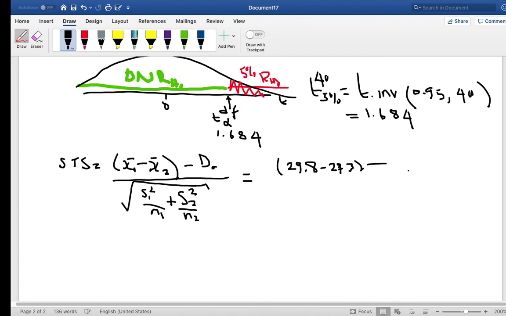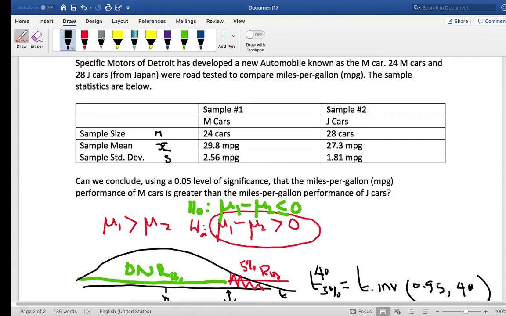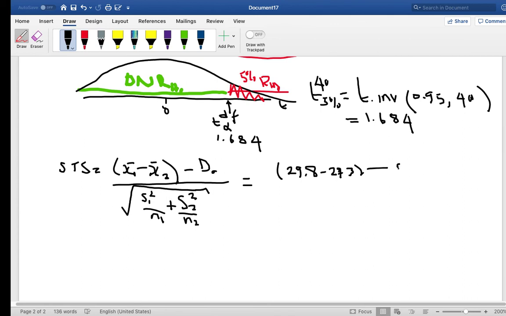Okay, minus d0. d0 is just whatever number is to the right of your null hypothesis. It's the difference of your null hypothesis, and it happens to be 0. And then we divide that out by the square root of s1 squared, and s1 was 2.56, I believe.